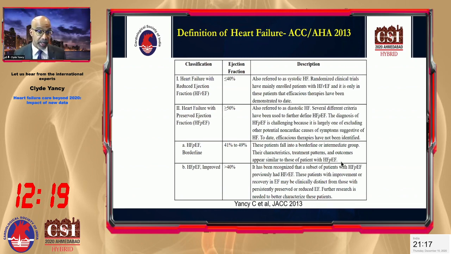And we opined, not based on much data, that one group was basically borderline, but the other group reflected a very interesting group that had previously had very poor ejection fraction, but had improved to something greater than 40. We call that HFpEF improved.